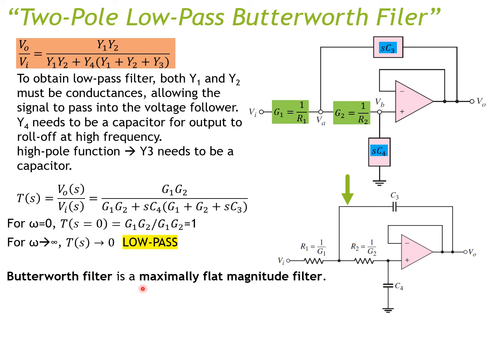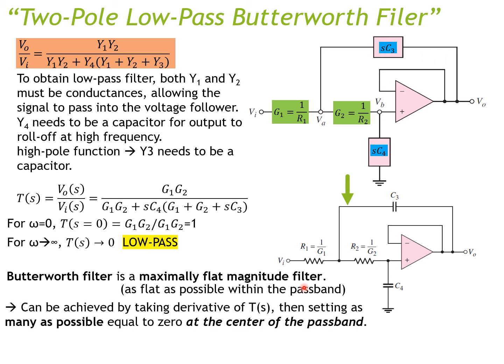The Butterworth filter is often called the maximally flat magnitude filter, and it's called maximally flat because the filter is as flat as possible within the bandpass region.